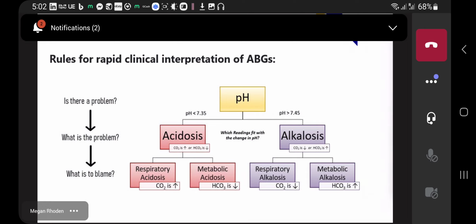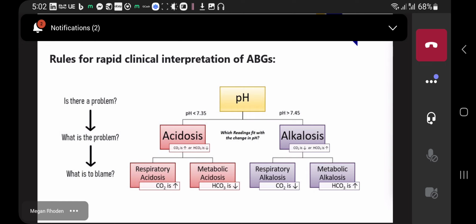What is the problem? And then what is to blame? We think of the mnemonic ROME. Respiratory is opposite, while metabolic is equal. If there is a respiratory issue, the pH and the CO2 will go in opposite directions. If it is a metabolic issue, the pH and the bicarb will go in the same direction.